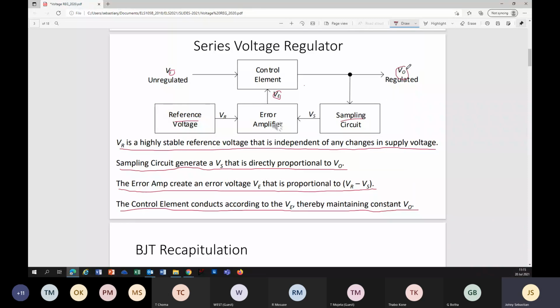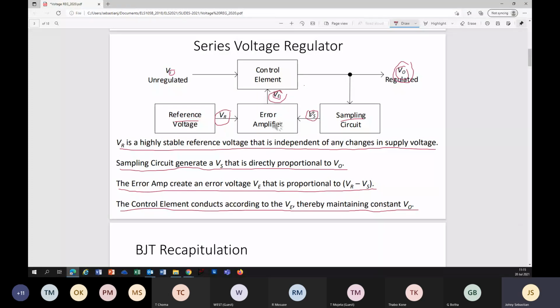V0 increases, your V sample increases. V0 decreases, your V sample decreases. So basically, this V sample is directly proportional to V0. But VR is always constant. So if VR is constant and VS is changing, then the error voltage is the difference between VR and VS.